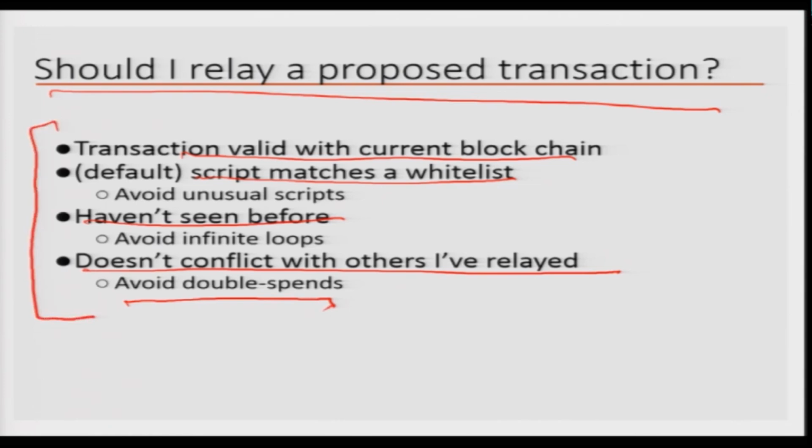These are the things that a good participant will check. Now, if the participant is malicious, they may not check the validity and forward it, they might send something they have seen before, or they might not create a whitelist. All of that is possible, and therefore the entire system should be designed so that even if some nodes show rogue behavior, not the prescribed behavior, the system still works and does not get into an infinite loop.